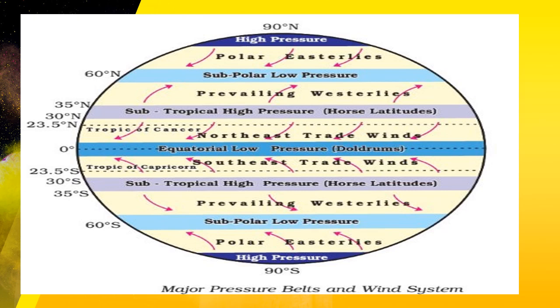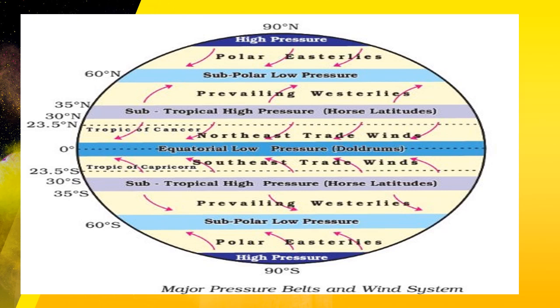You can easily see that in the center, which is shown by the blue color, 0 degree, which is equator, there is an equatorial low pressure belt, which is also called doldrums, because perpendicular solar rays are there, and hence because of heating air gets warm and it expands and it moves towards the sky, and hence low pressure occurs.